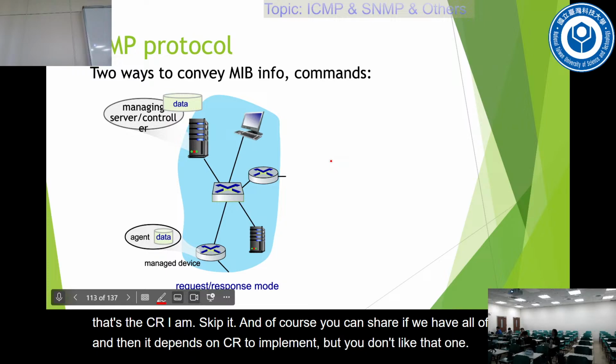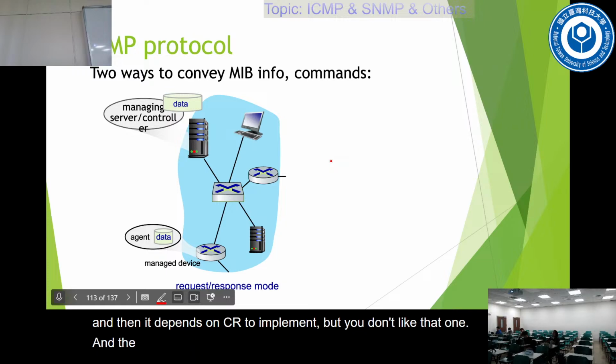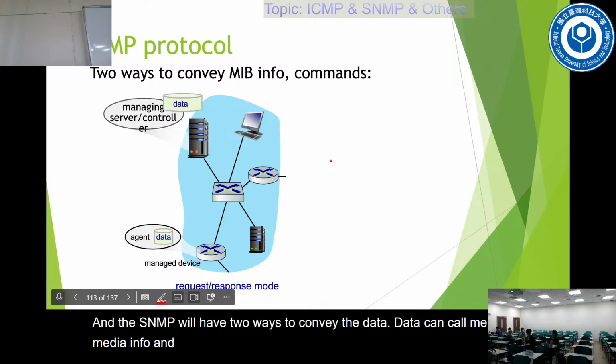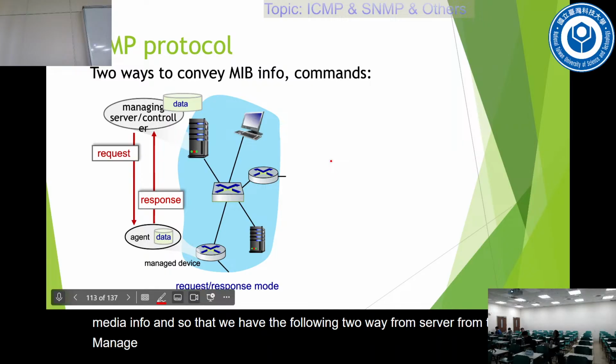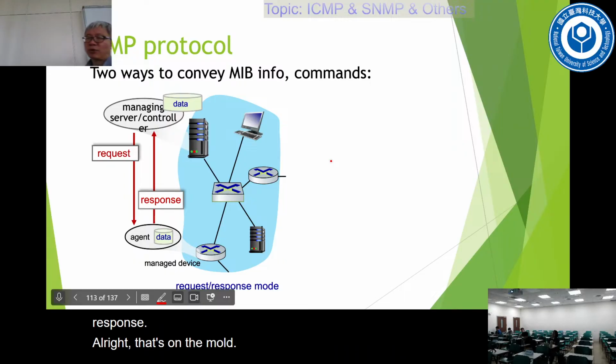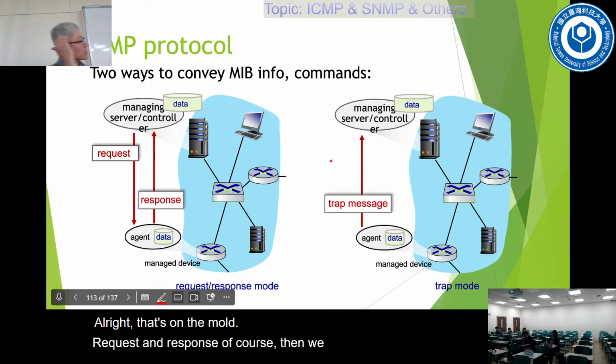And SNMP will have two ways to convey the data. Data we call a MIB. MIB info, and so that we have the following two ways. From the server, from the managed entity. So similar to the other protocols, we have a request and response. All right, based on the request and response mode, of course, then we will set those.